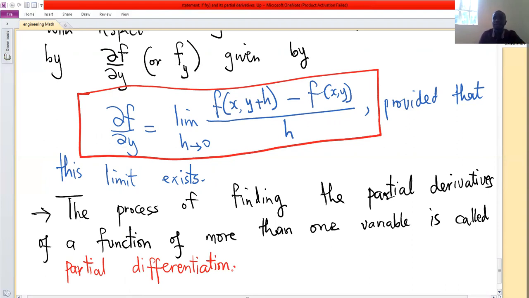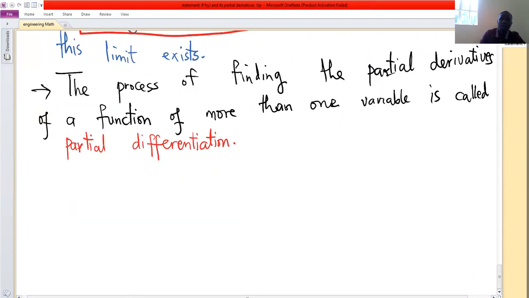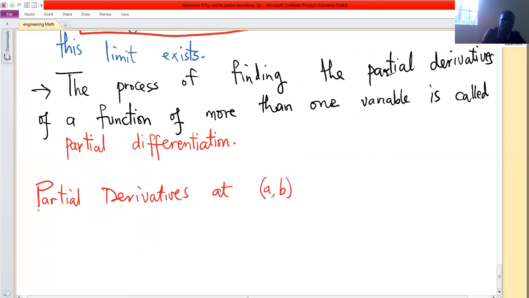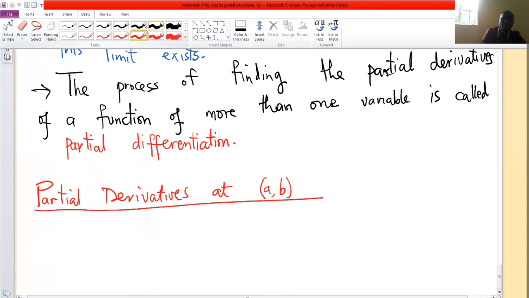Now we can also define the partial derivative of a function of two variables x and y at a specific point (a, b). So let's say partial derivative at a point (a, b).